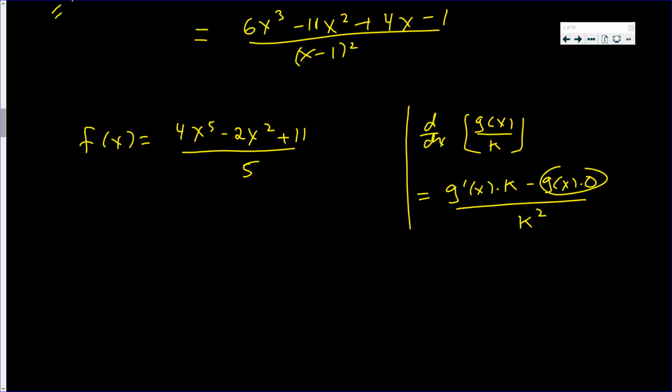Well, this is 0. So you get g prime of x times k over k squared.